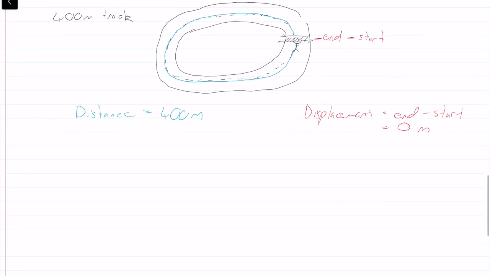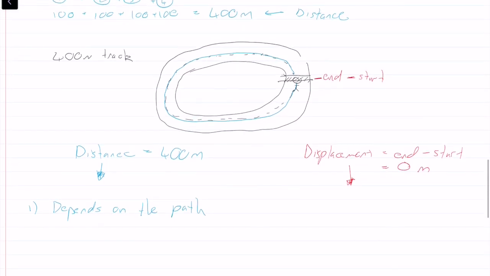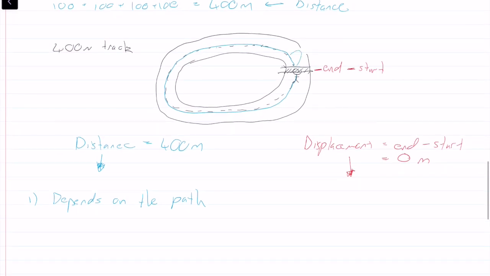Okay, so let's build up on this and get some understanding between the two differences. With distance, I'm sure you guys will agree that it depends on the path. If I decided that I'm going to run like this up and down the track, then my distance is going to be much larger because I'm running weird.